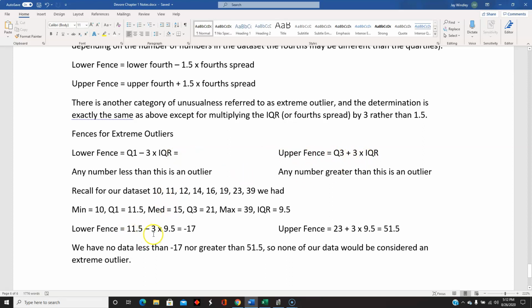So if we do that for our data set, we get a lower fence of -17 and an upper fence of 51.5. And we have no data that's less than -17 or greater than 51.5. So none of our data would be considered an extreme outlier, and only the 39 is considered a regular outlier.